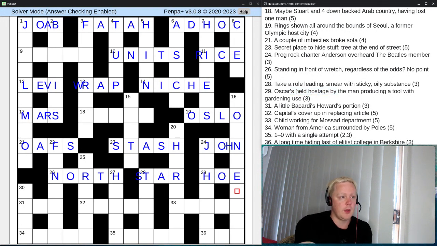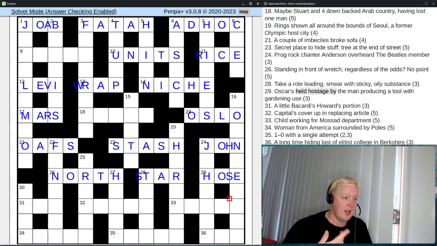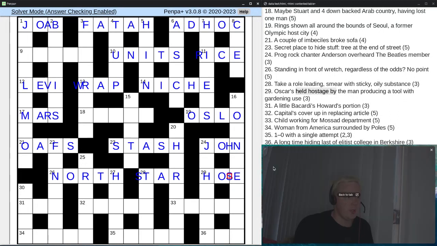But we could have just this as the indicator, held hostage by, and the apostrophe S would then be O apostrophe S. Oscars would be the O apostrophe S. So OS, held by he, again, would give us hose, and a hose is also a tool with gardening use. So hose is the second answer here. So this is our 8th extra letter now. So we need 2 more.